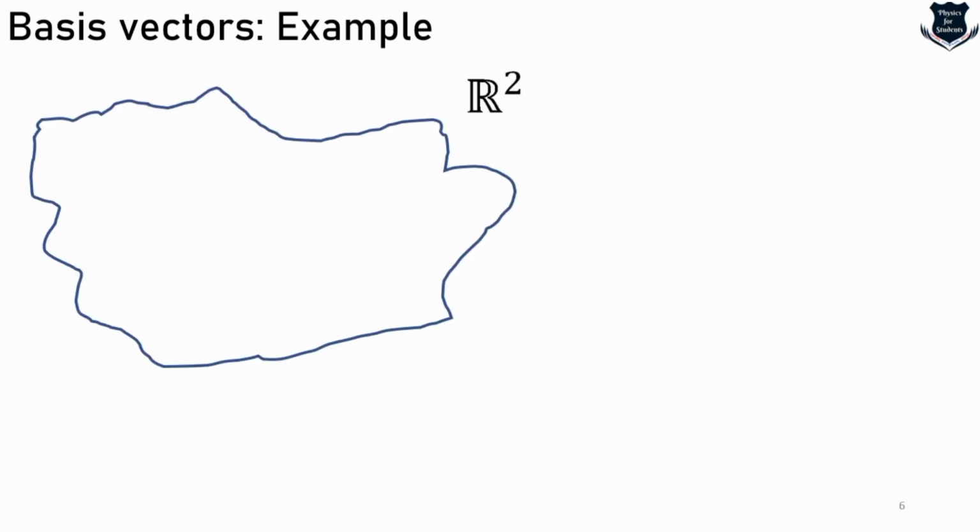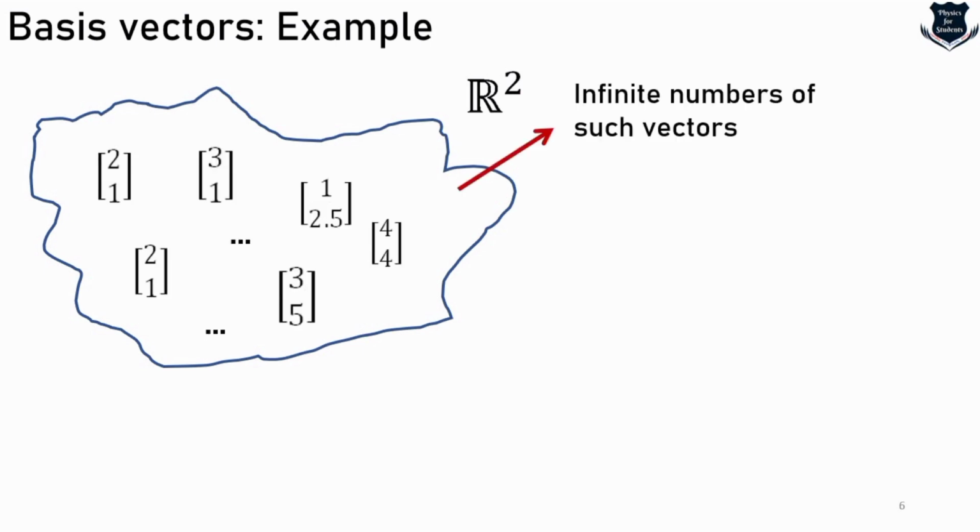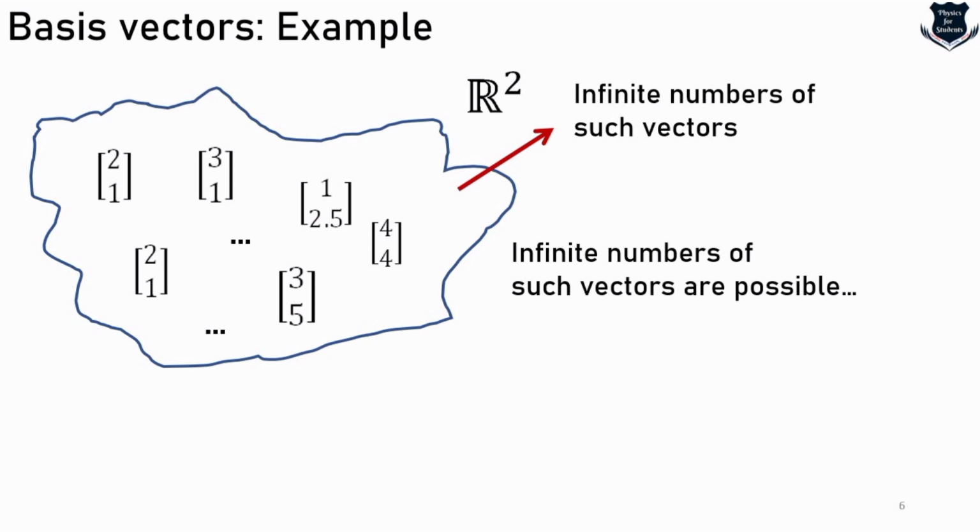Now these are some examples of basis vectors. For example, we take a kind of space in R2, and there are infinitely many such vectors, such as 2, 1 or 3, 1. I have just taken those, but it can be any vectors. Infinitely many such vectors can be written in R2, and this extends to R3, Rn and beyond.